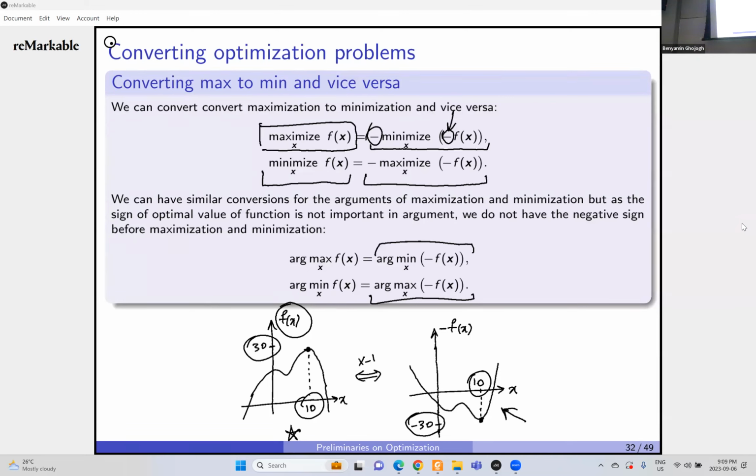That's why in neural networks, in deep learning, you want to maximize log likelihood, you minimize minus log likelihood. At the end, you never multiply by minus 1 again, because the weights, which are the argmin or argmax, are important. The weights of the neural network are the argmin.